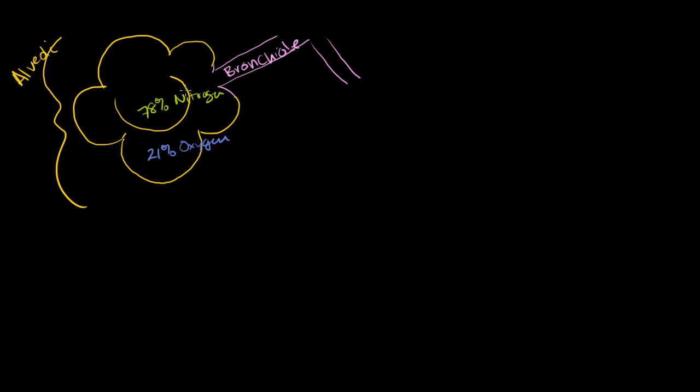And actually, in our atmosphere, carbon dioxide is almost a trace gas. It's less than 1% carbon dioxide. So anytime you breathe in on Earth, this is what you're going to get.